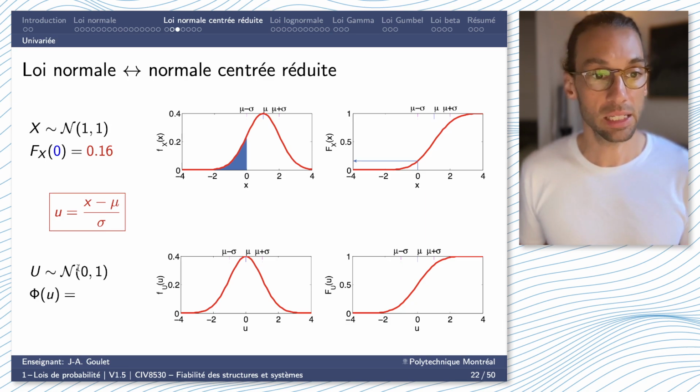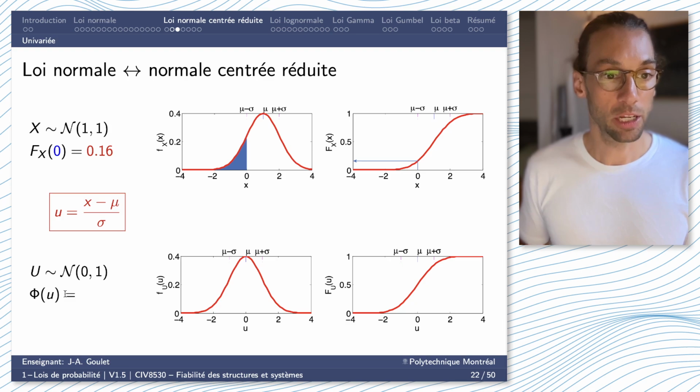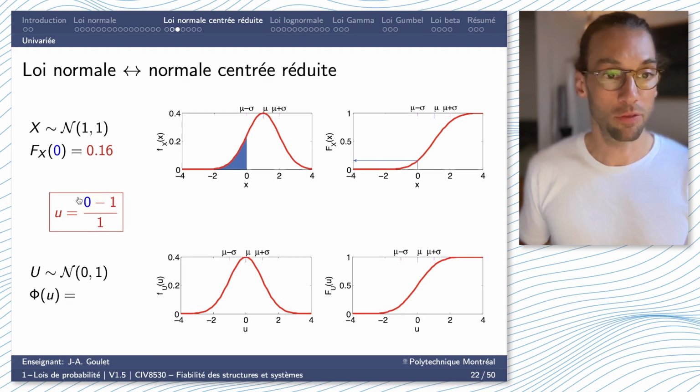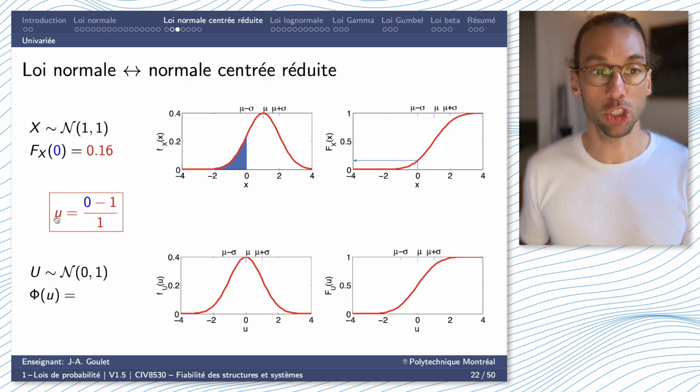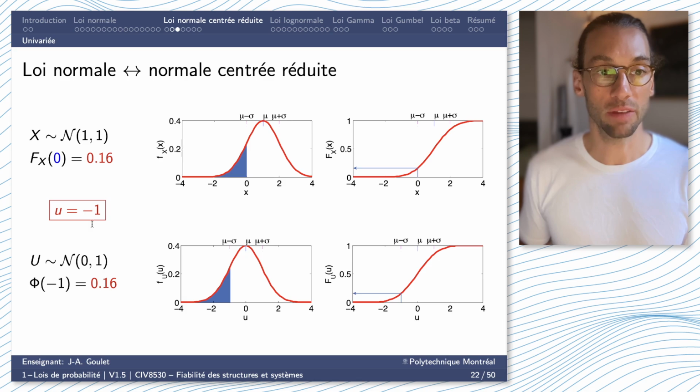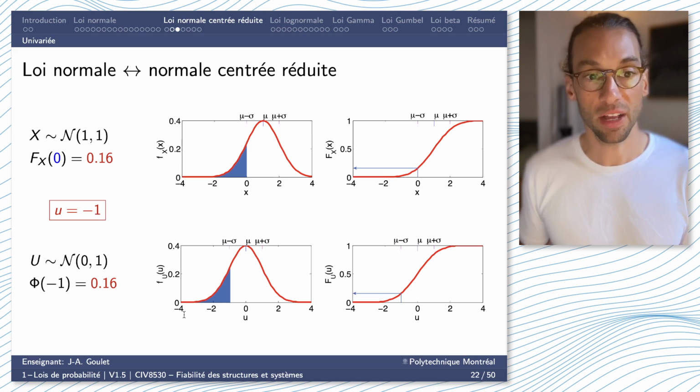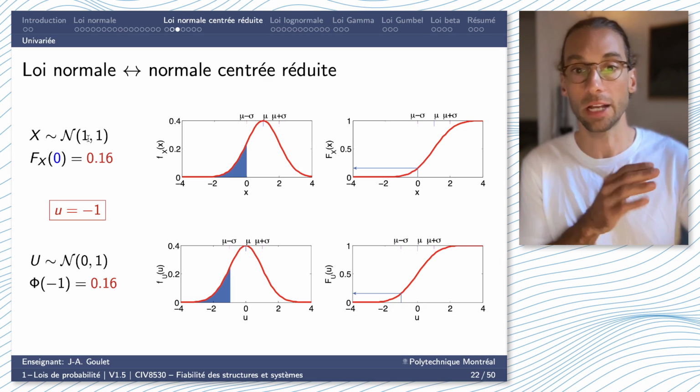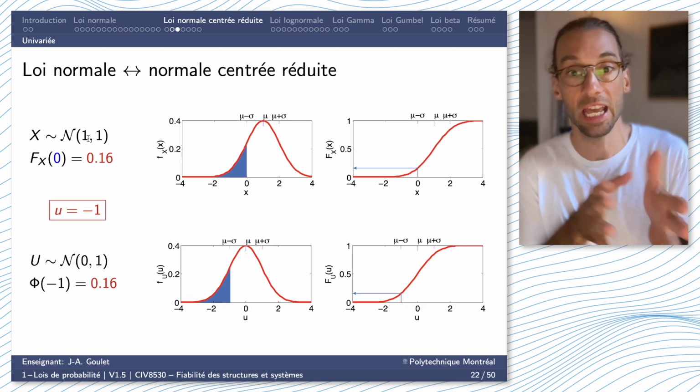So in that case, I'm going to evaluate U at (0 minus 1) divided by 1. So it means I'm going to evaluate at minus 1. If I evaluate my standard normal CDF at minus 1, we're going to get exactly the same result. Okay, so we can always go back to the standard normal space and evaluate there.